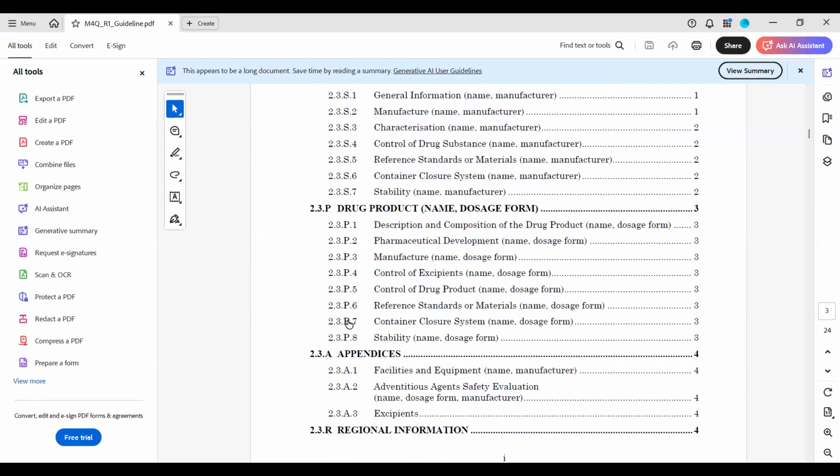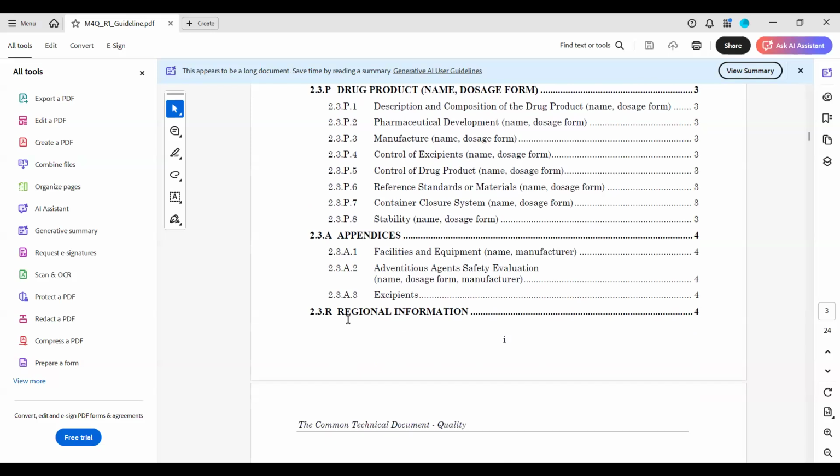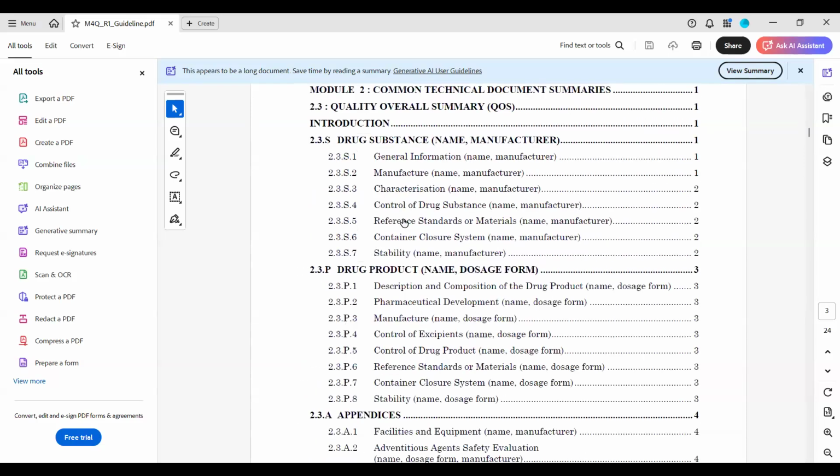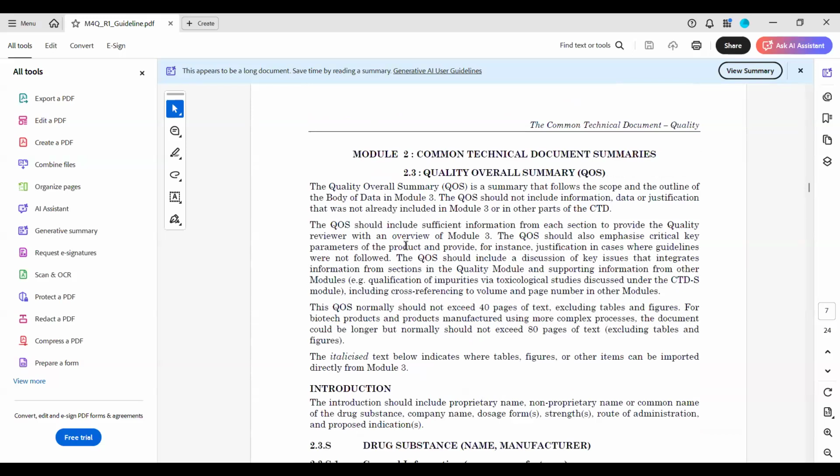After this, you also submit 2.3.A appendices, where you talk about the facilities and equipment, or a summary of facilities and equipment. And 2.3.A.2 talks about adventitious agent safety evaluation. And 2.3.A.3 is your excipients. And lastly, we are submitting regional information. Once that is done under QoS, we also submit non-clinical overview, clinical overview, non-clinical written and tabulated summaries, and clinical summaries.